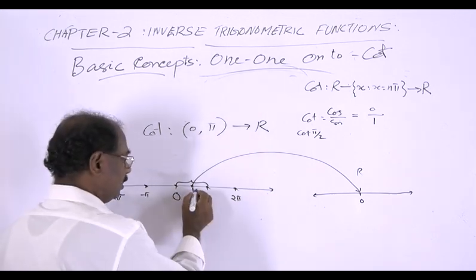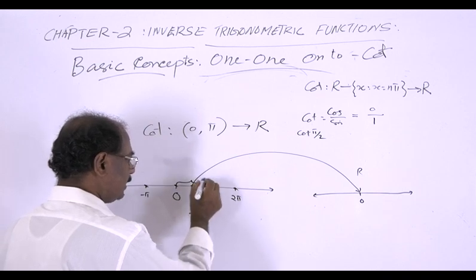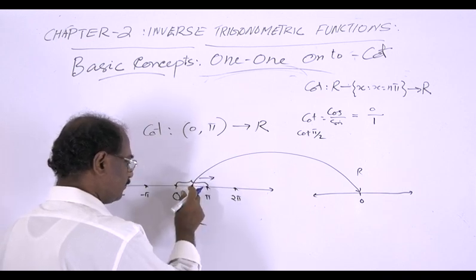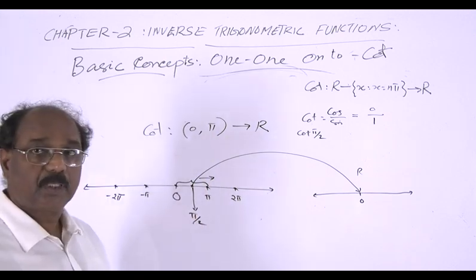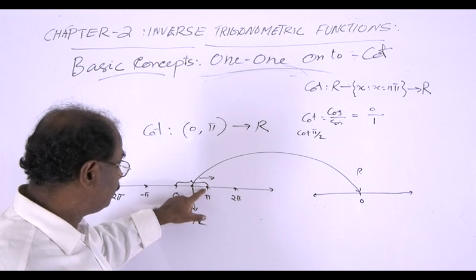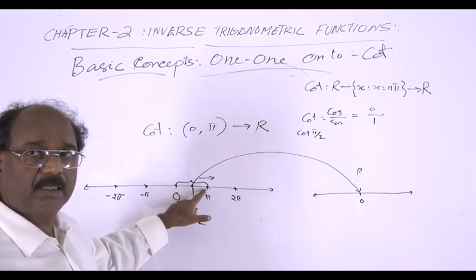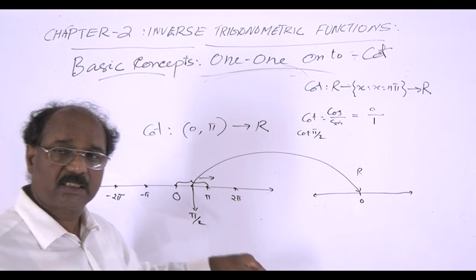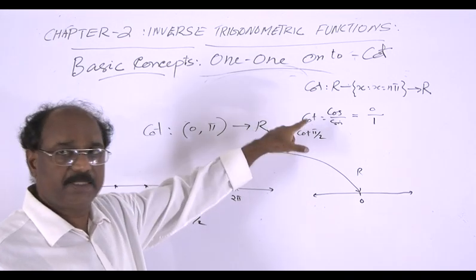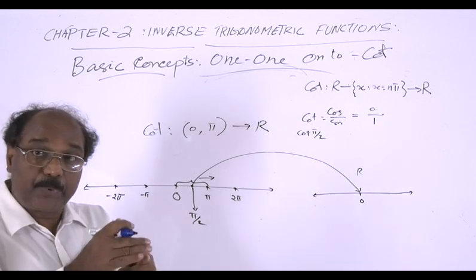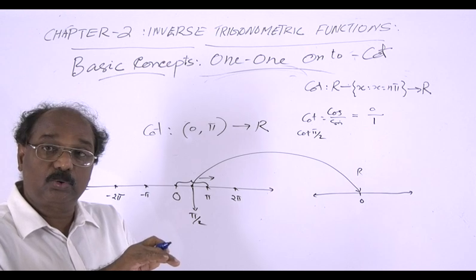Now, suppose we advance from π by 2 towards π. At π, cos π is minus 1 and sin π is 0, but cot cannot take the value π. Approaching π, cos is negative and sin approaches 0.